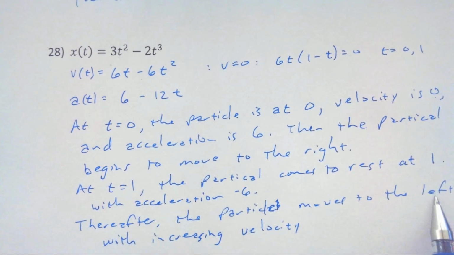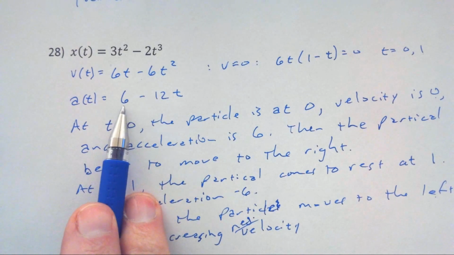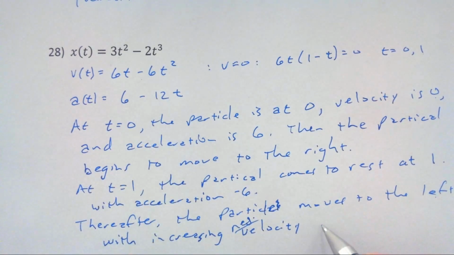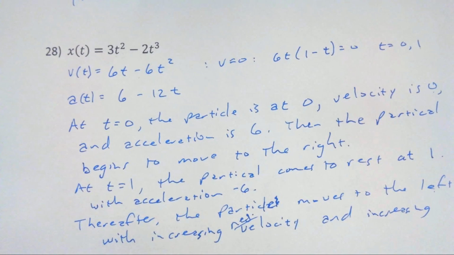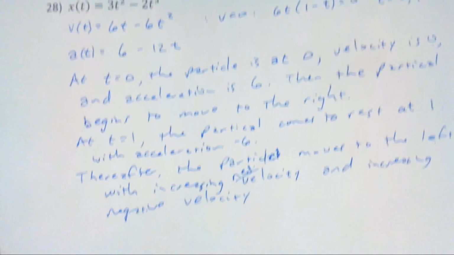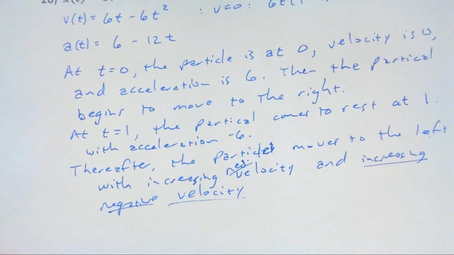So since I'm saying moving to the left with increasing velocity, maybe I should say speed here, but I'm moving to the left with increasing negative velocity, and let's see, our acceleration is also going to be increasing. If that makes sense. Okay. May have a little challenge here talking about this increasing negative velocity. That may be a good discussion for class.